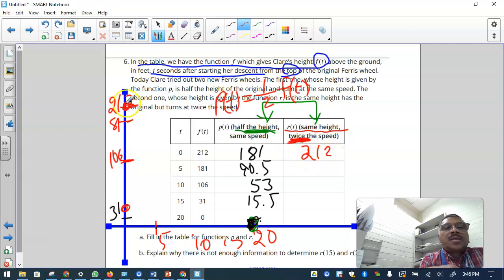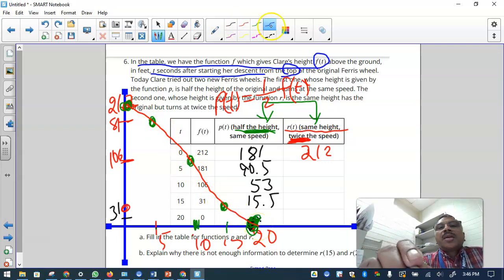So he starts here. Okay, let me draw the original one. This was the original. She reaches home in 20 seconds, in 10 it was here, 5 was 81, and 15 was like this. So this was the original graph, okay?